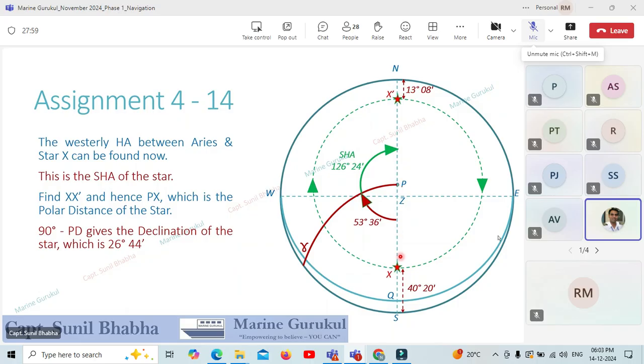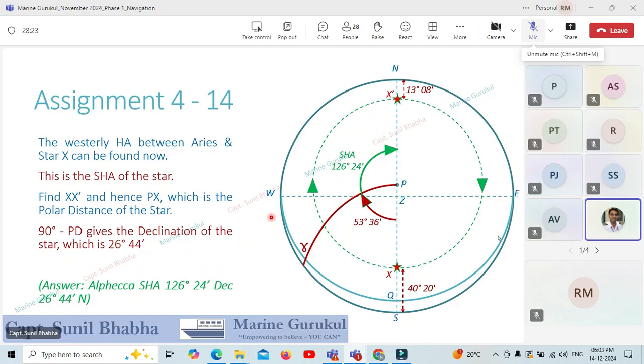So once we calculate px, you see this is the value of px here. We know pole to equinoctial is 90 degrees. So 90 minus px gives you the declination of the star, which in this case comes to be 26 degrees 44 minutes. So we get the declination of the star 2644.